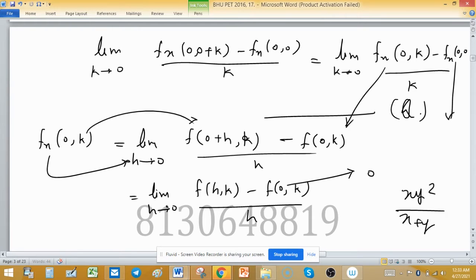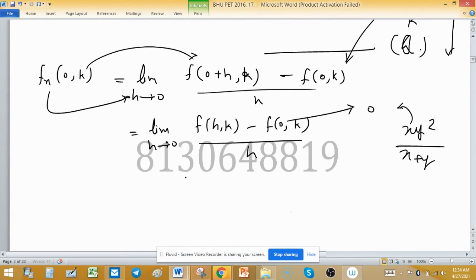If one coordinate is 0, in place of x it is 0, then the entire thing will be 0. So it will be hk squared divided by h plus k, and you can write h outside the denominator.